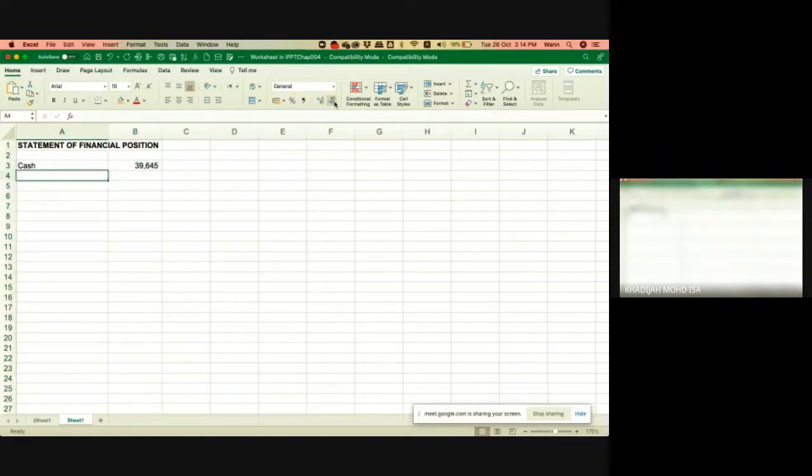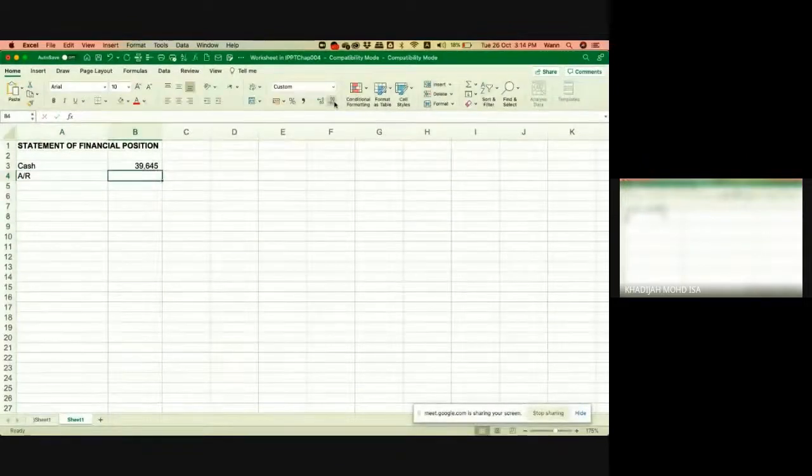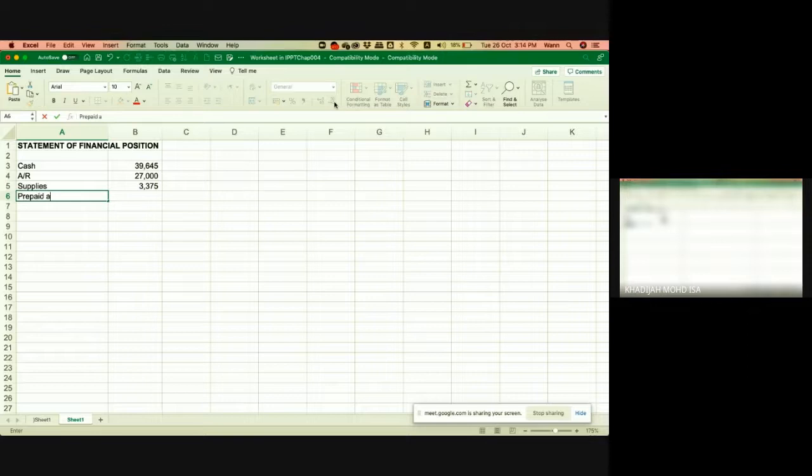Then accounts receivable, 27,000. Then we have your supplies, 3,375.